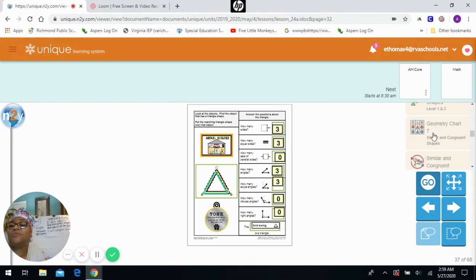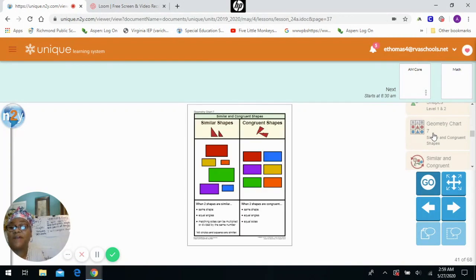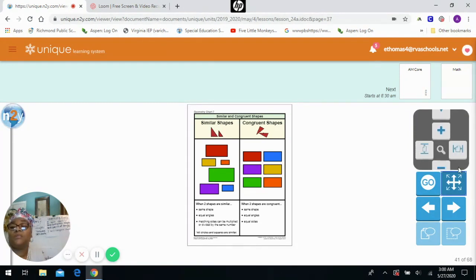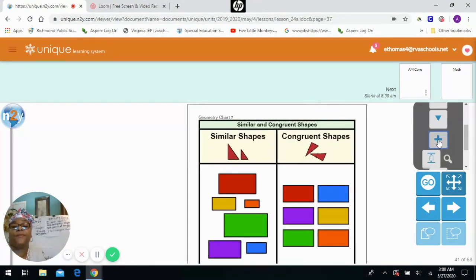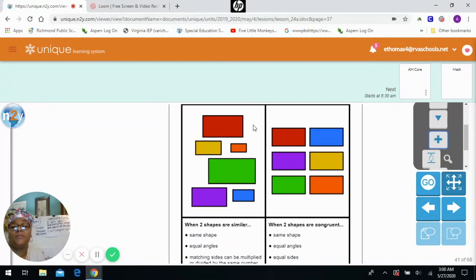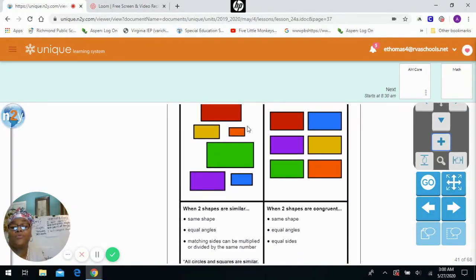Now we'll talk about chart number 7, where we're talking about similar and congruent. All right, so we have similar shapes and congruent shapes. A similar shape is when two shapes are similar. They have the same shape and equal angles.